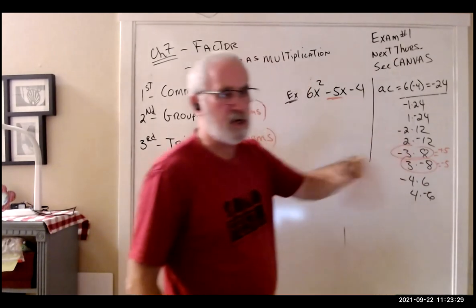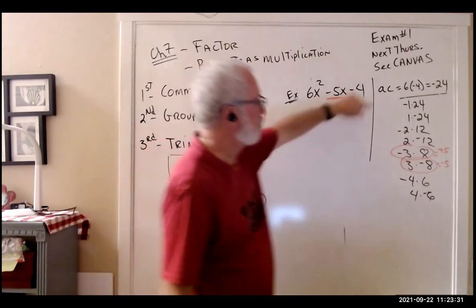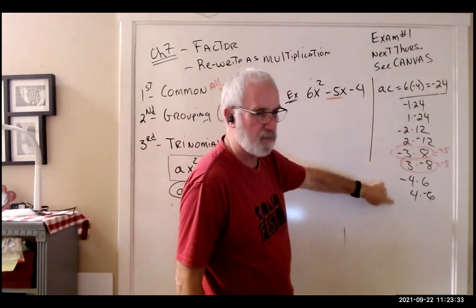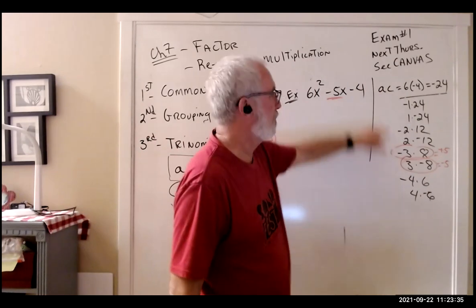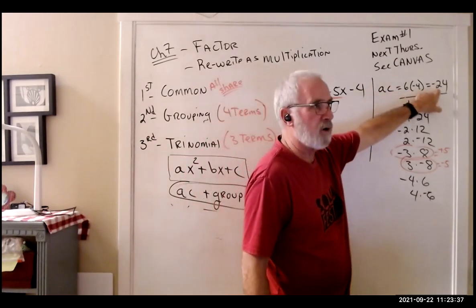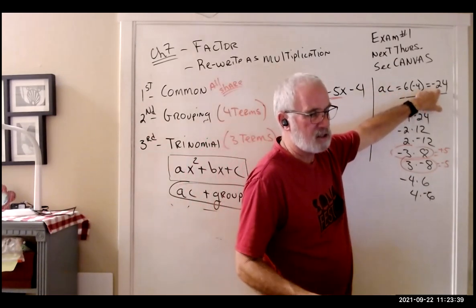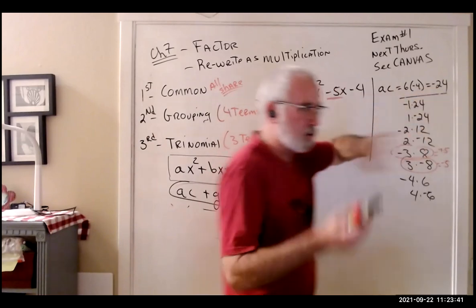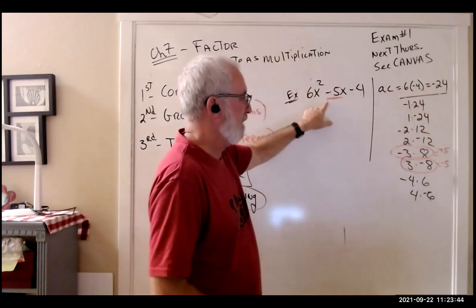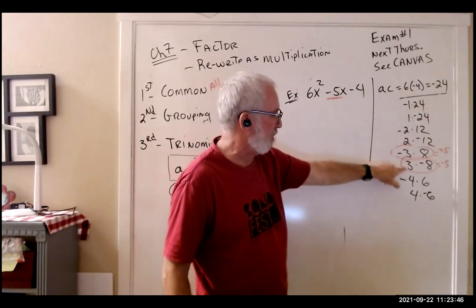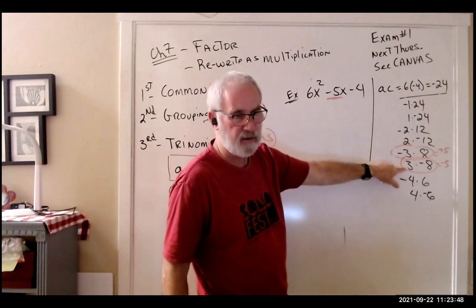So you can save yourself a whole lot of work. I'm just showing you the thinking process: what multiplies to make -24 and simultaneously adds or subtracts to make -5. The only one we have here is 3 times -8.